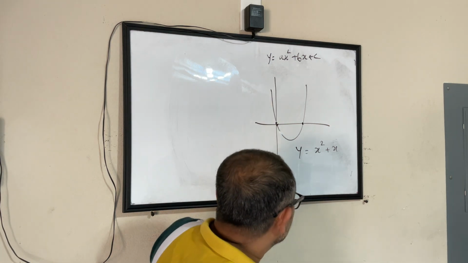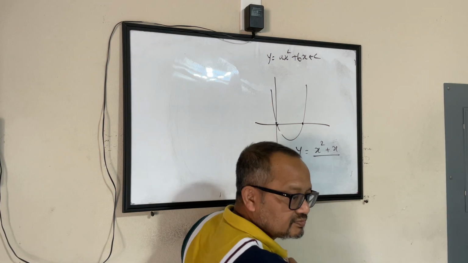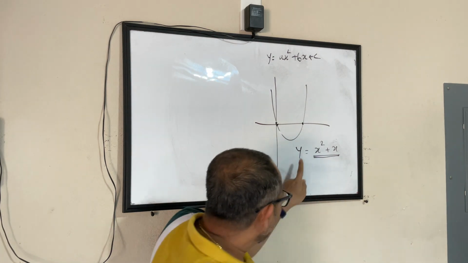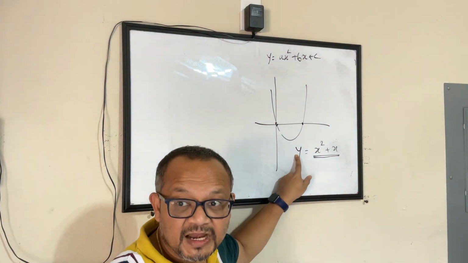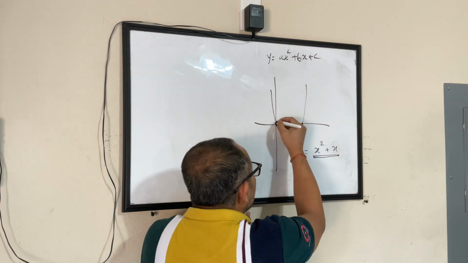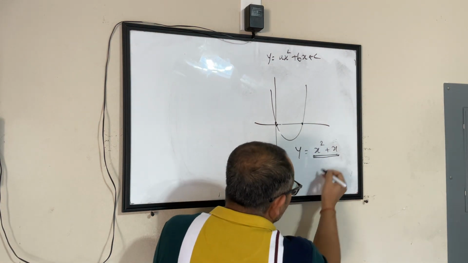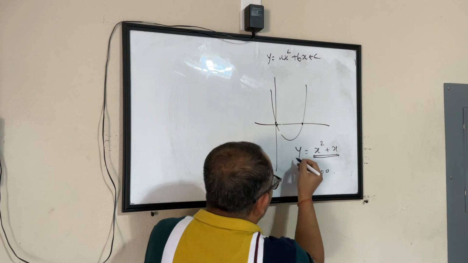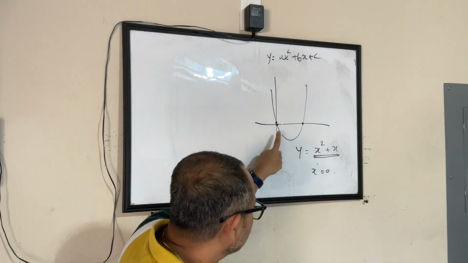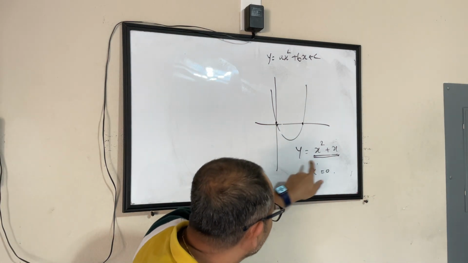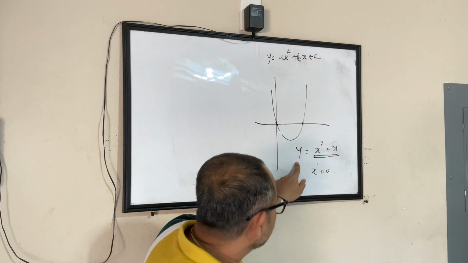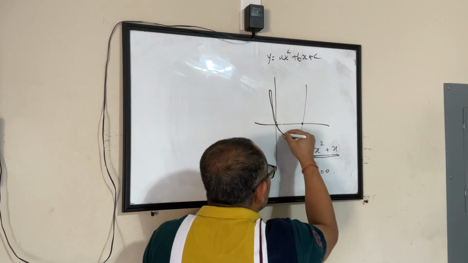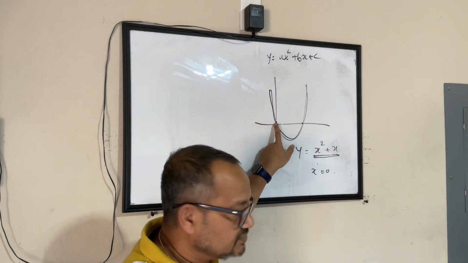Wherever it touches the y-axis, my x value will be 0. So you have to put the value of x as 0 to find the y-intercept. Here in this case, when x is 0, y is also 0. So this is touching at 0, 0.